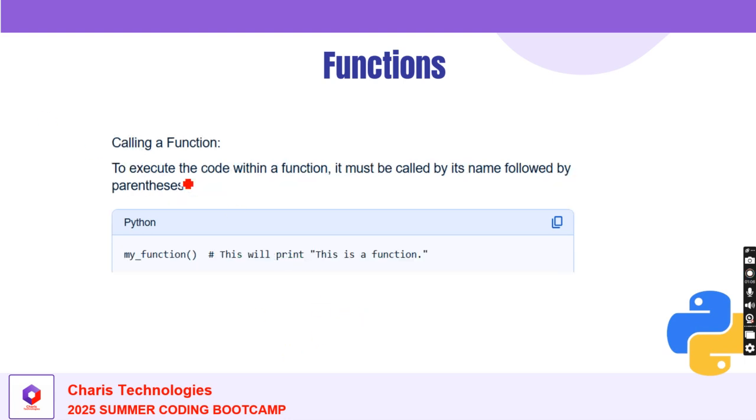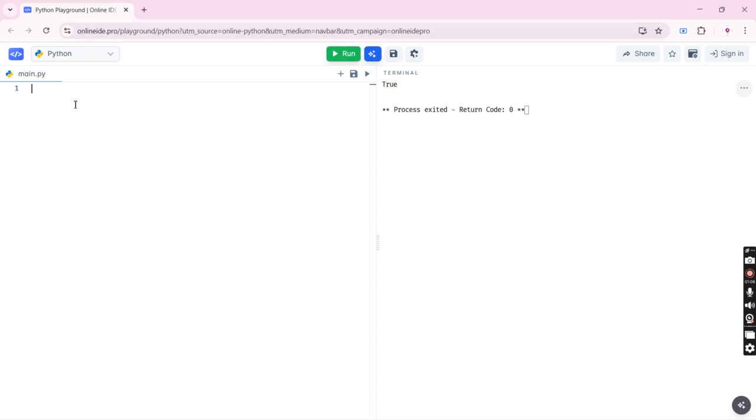Okay, now calling a function. To execute the code within a function, it must be called by its name followed by parentheses. Let me show you what I mean. If you define a function, def greet, I'm going to print hello user.